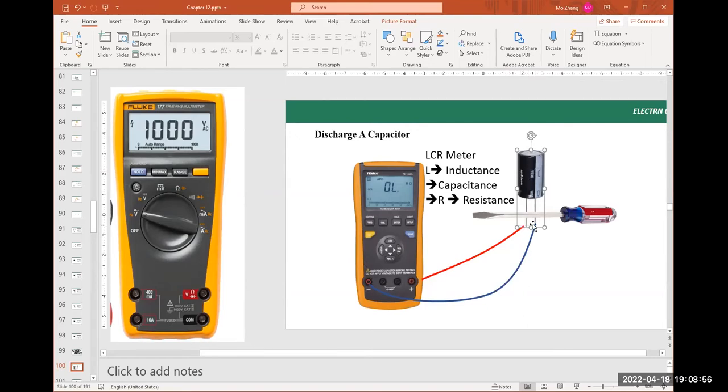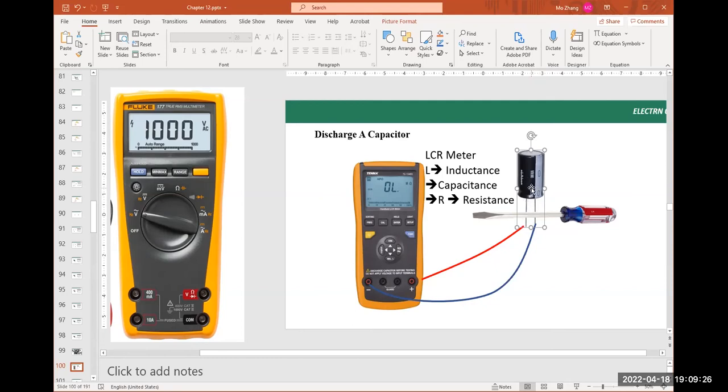Even though the capacitor was disconnected from the circuit, it's still possible that some charge is left inside. To discharge it, we can just connect the legs together or use a screwdriver, with the conductor touching both legs. And now the capacitor is discharged.